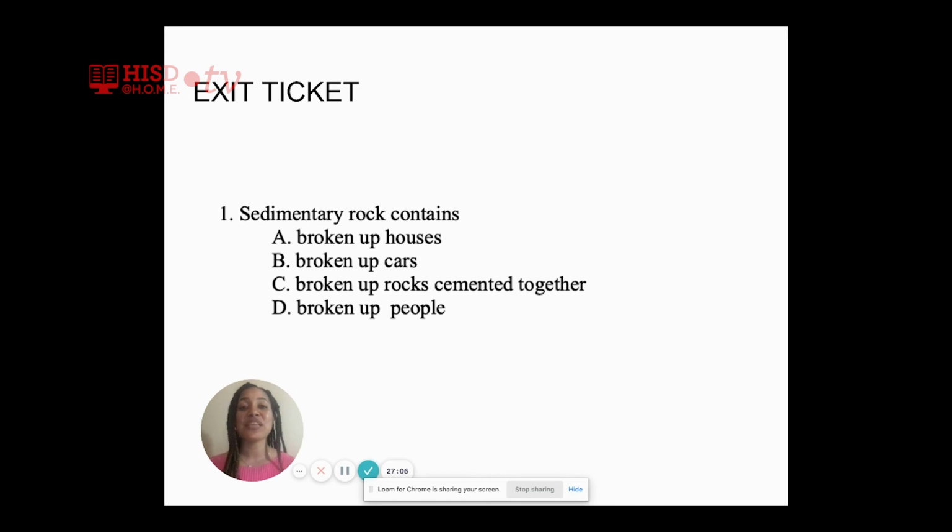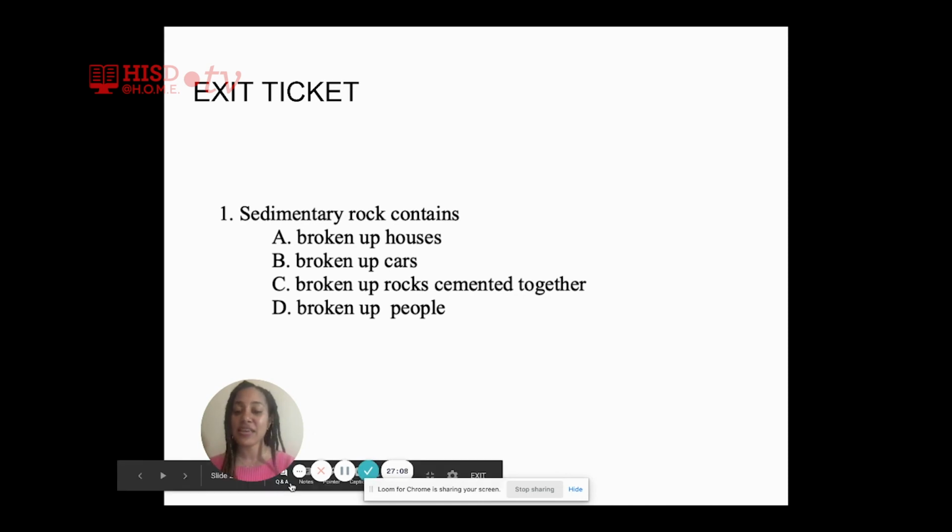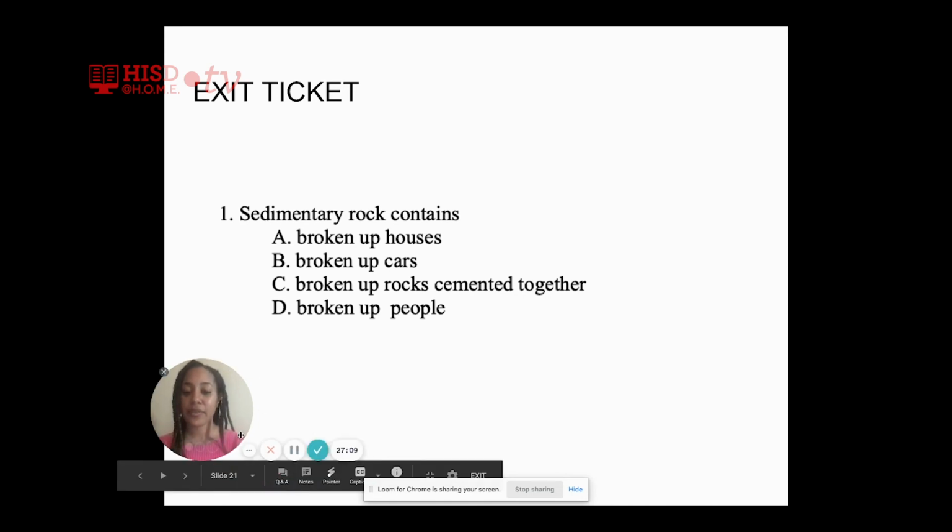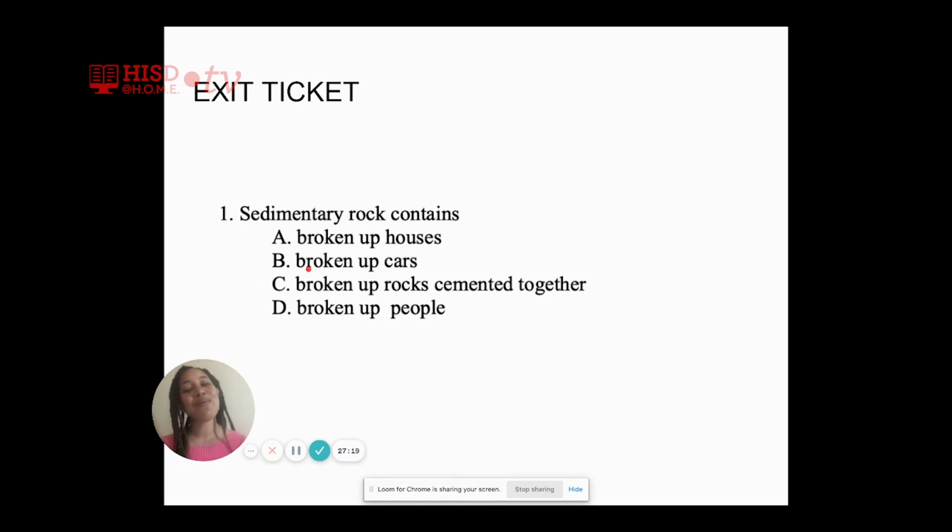So the answer to this question is C. It's not made up of broken cars, not made up of broken houses. But maybe if the house was made up of brick, maybe if we cemented that together, then possibly. But definitely not made up of broken people. All right, so let's go to our last question.